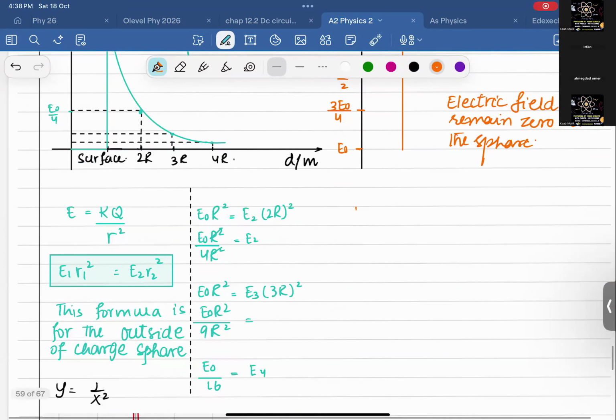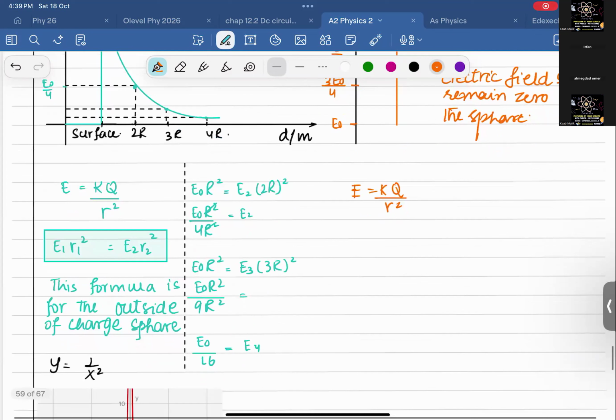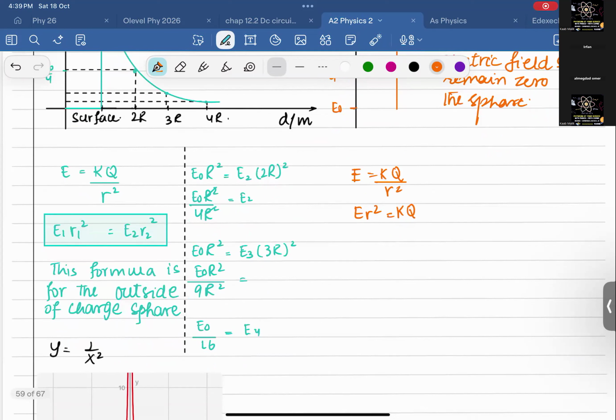So imagine that I have the formula. Now we know that K and Q are both constant, right? So we are only left with E times R squared equals K times Q. Since K and Q for any specific value remain constant throughout the concept, I can replace it with the K and Q for the other value.